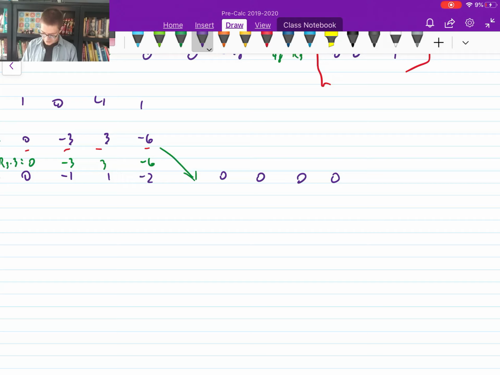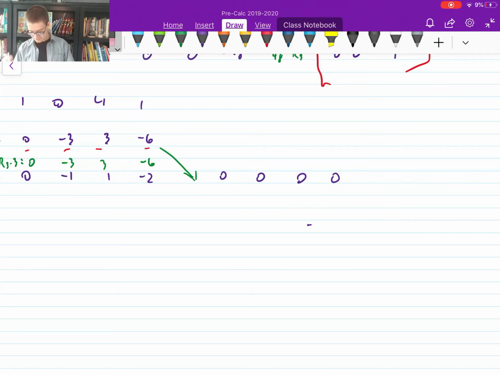At this point, if you were solving this without doing reduced row echelon form, you could stop here and say we've gotten a situation where 0 equals 0. The entire row is zeros. If you put this back into equation form, you get 0z equals 0. So in essence, we've got infinitely many solutions.